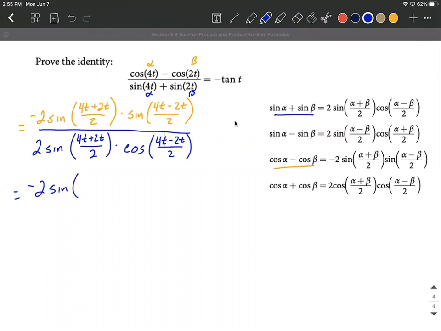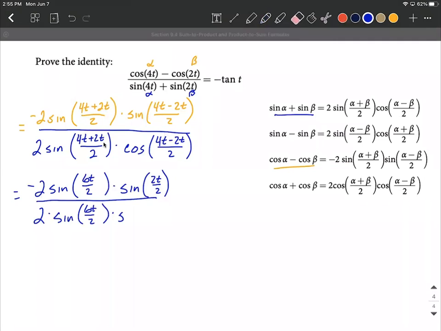You may have quicker ways to get through this, but I'm going to start out and say, well, inside of this sine function, we have 4t plus 2t, makes 6t, still over 2, multiplied by sine of 4t minus 2t in this numerator makes 2t, still over 2, divided by, bringing that 2 along from our denominator, the sine, and a very similar reducing down here, 4t plus 2 more t makes 6t, over 2 in that sine function, and then we still have this cosine function to reduce down what's on the inside.